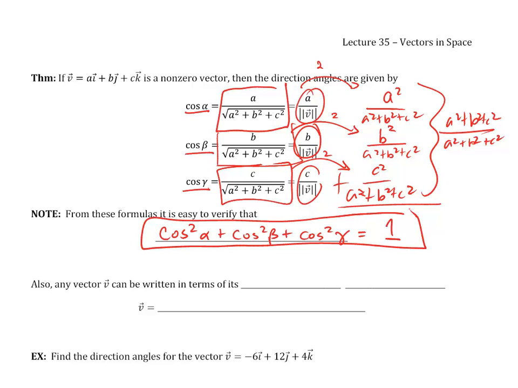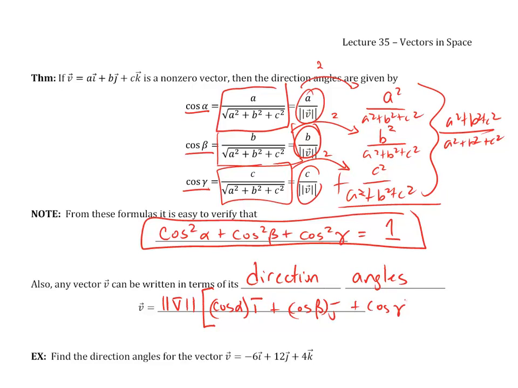The last point to make is that any vector can be written in terms of its direction angles. That is, a vector always equals its magnitude times cosine alpha i plus cosine beta j plus cosine gamma k.